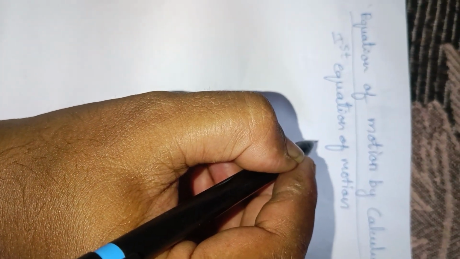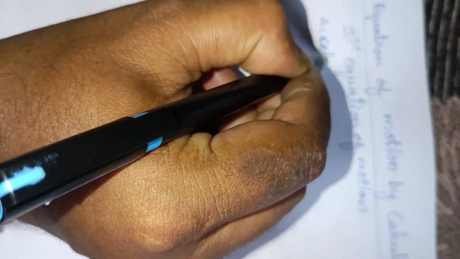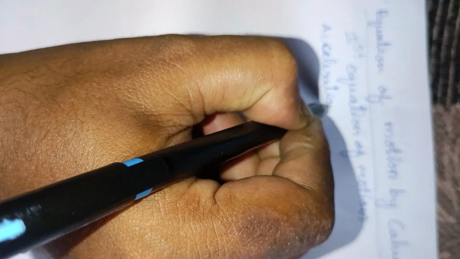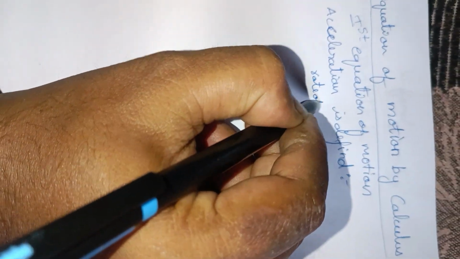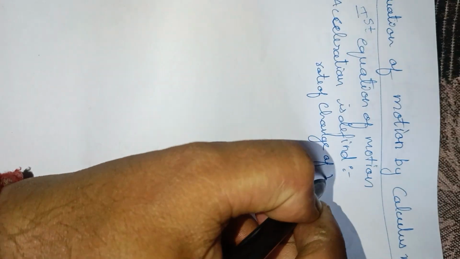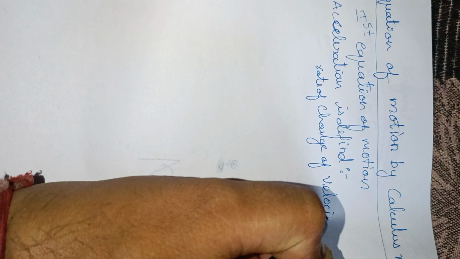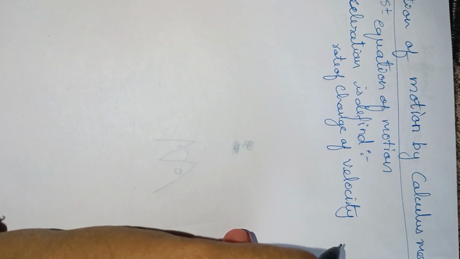Acceleration is defined as the rate of change of velocity. Rate of change of velocity is called acceleration. This is the definition of acceleration.